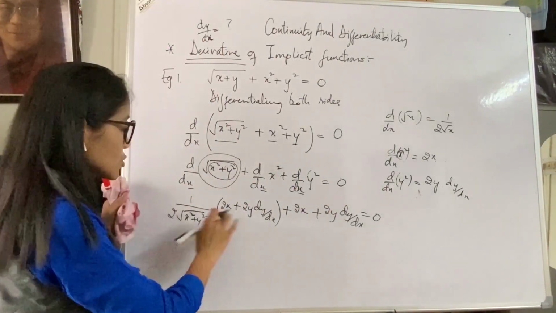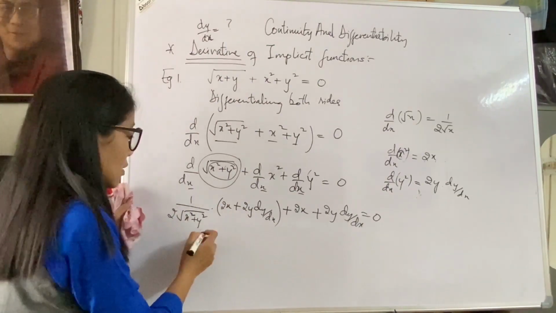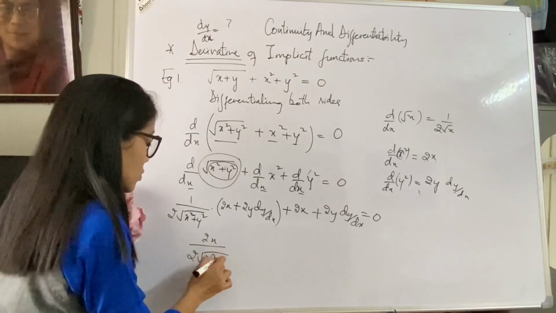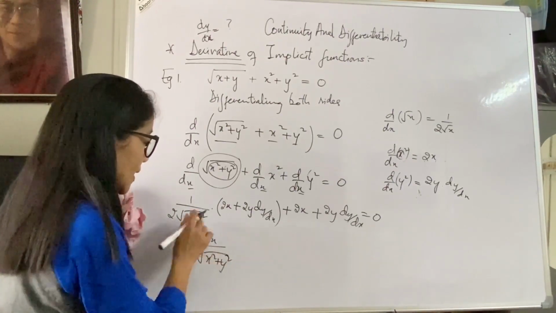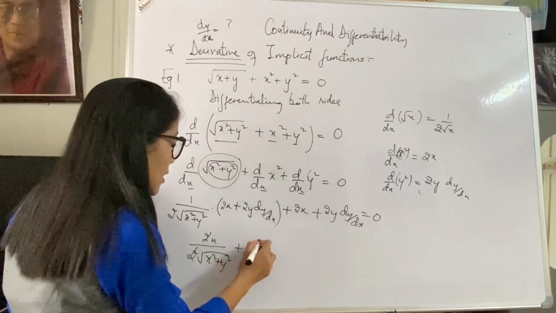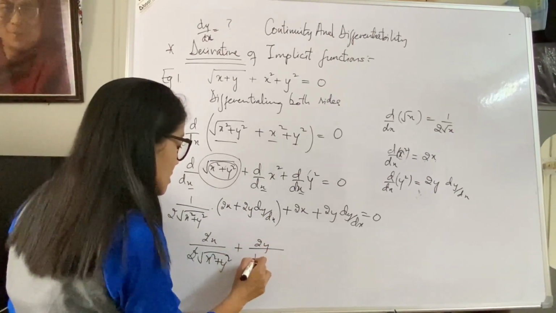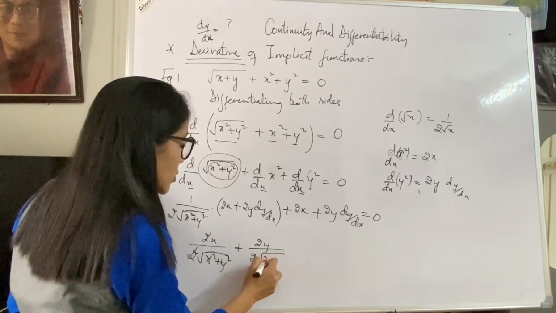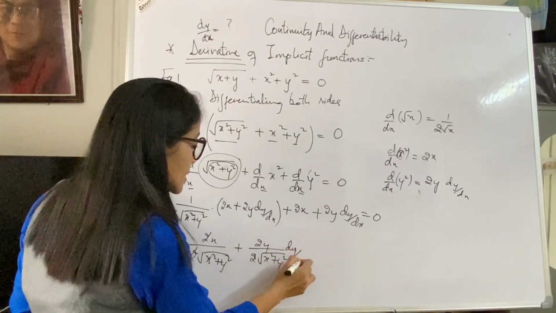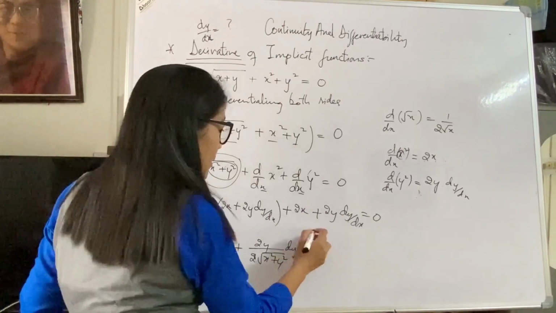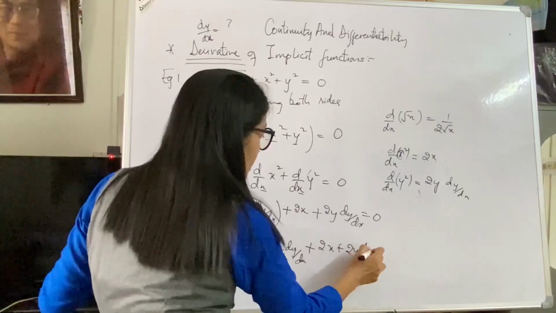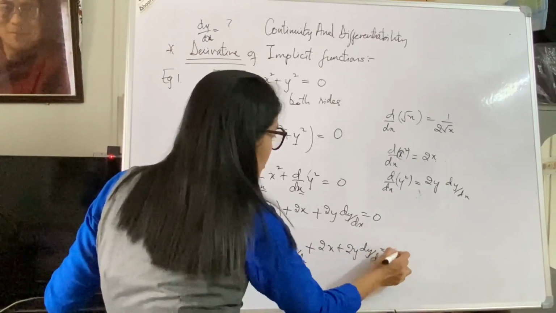So you open the bracket. Now this will be 2x divided by 2 square root of x square plus y square. So 2 will get cancelled. Then this is to be multiplied here, so that is plus 2y by 2 square root of x square plus y square dy by dx, plus 2x plus 2y dy by dx is equal to 0.